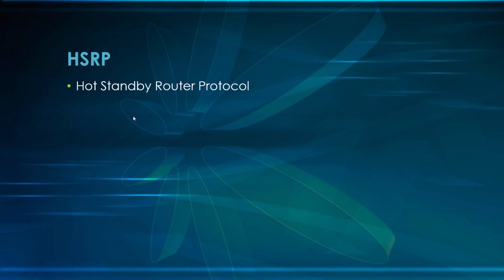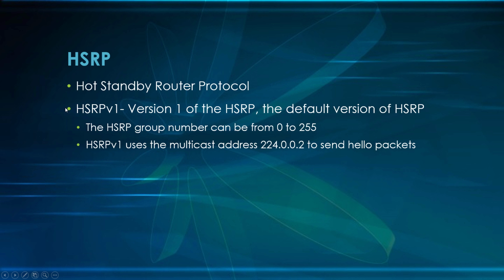So there are two versions of HSRP. Version 1, which is the default, is configured and started by a group number of 0 through 255. It sends out multicast to 224.0.0.2, which is the all routers multicast group.